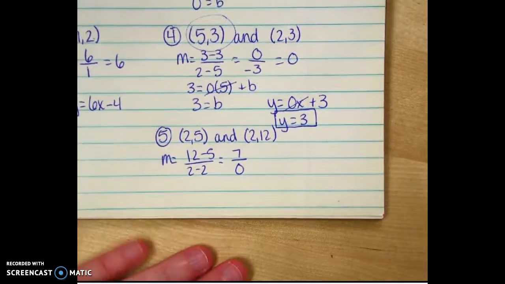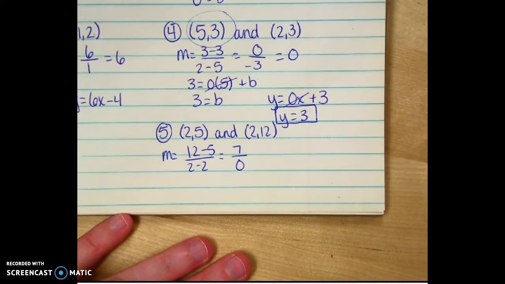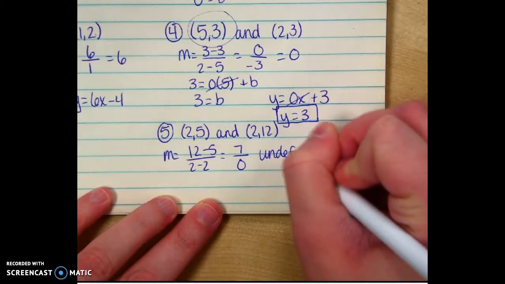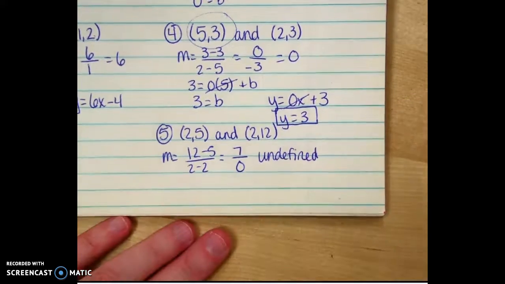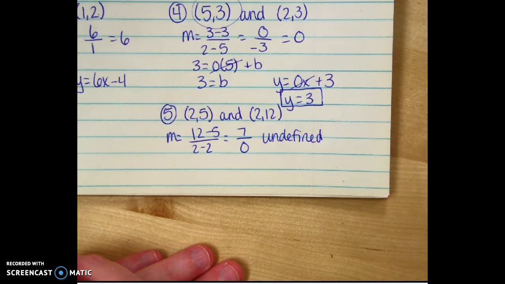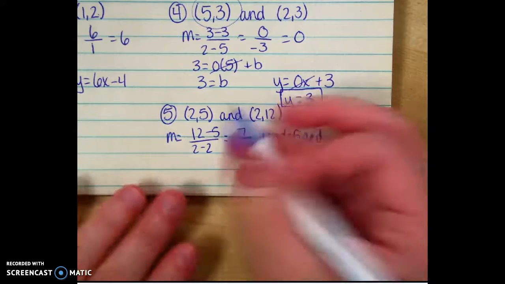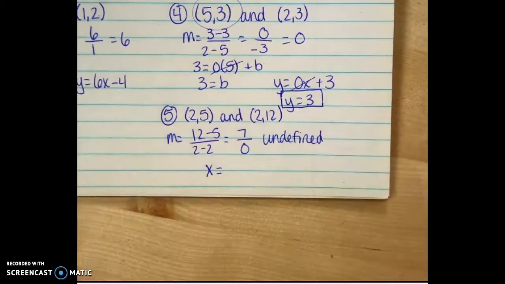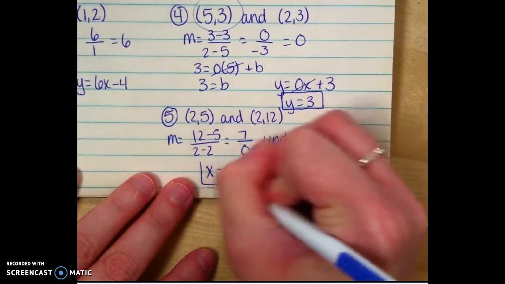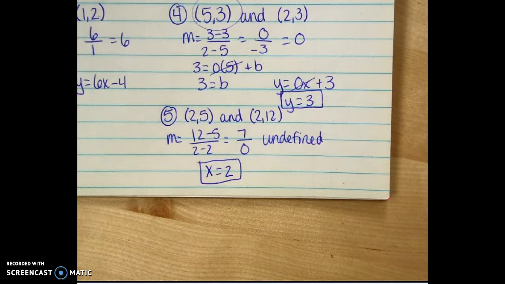I cannot divide by 0, so this one is undefined. When you get one like that, that's undefined, that means it's a straight line going up and down. So this is going to be an x equals equation. And what does x equal for both of these points? 2. So there's the equation for that line. And you will see some of that on your assignment as well.